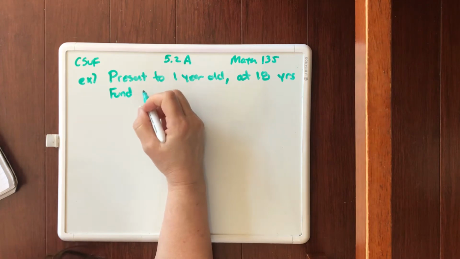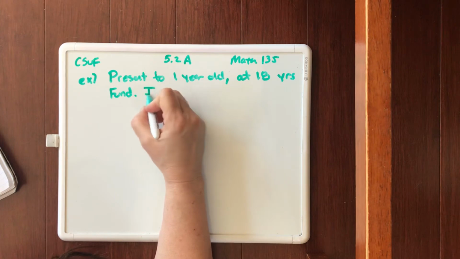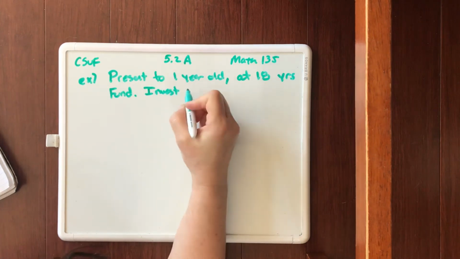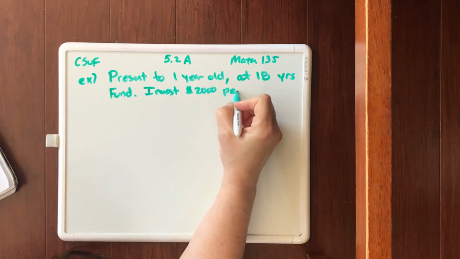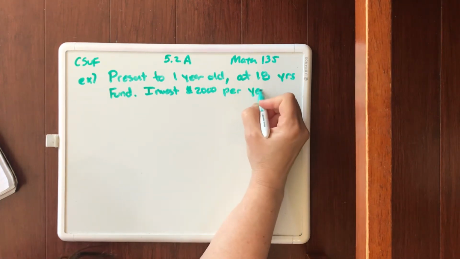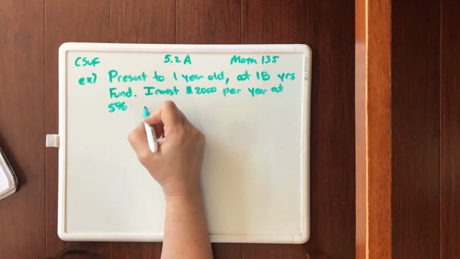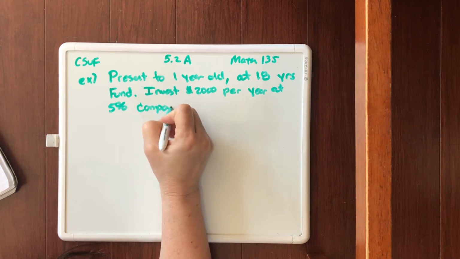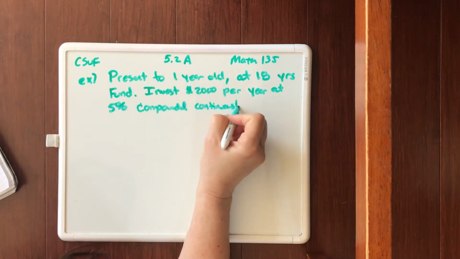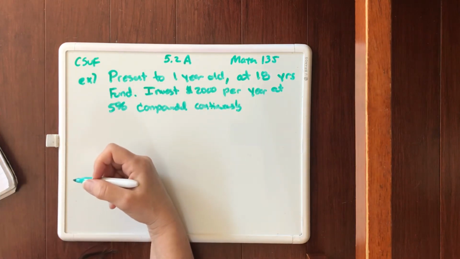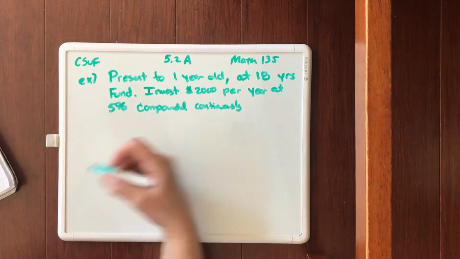What the grandparents did, they decided that they're going to invest $2,000 per year at 5% compounded continuously. So the question is, how much will the child have when they turn 18?